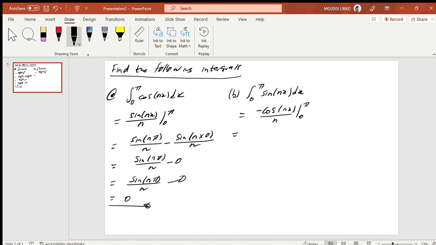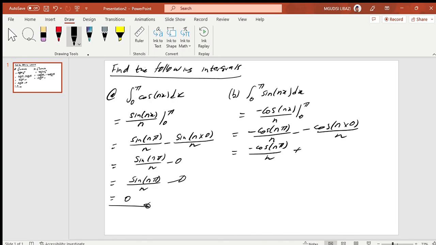So after integrating that, we substitute our limits, that's negative cosine. In place of x, we put pi, the upper limit, divide by n, minus negative cosine of n multiplied by 0, and then divide by n. So that's going to give us a negative cosine of n pi divide by n.